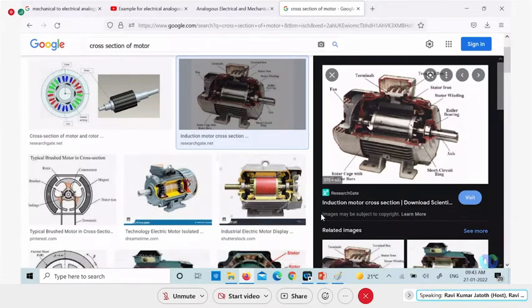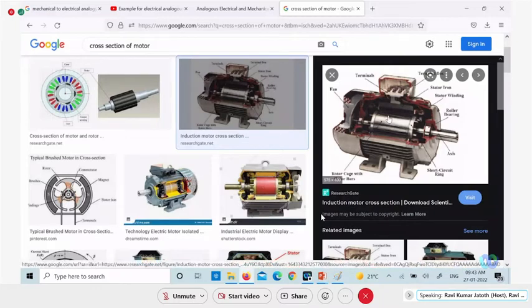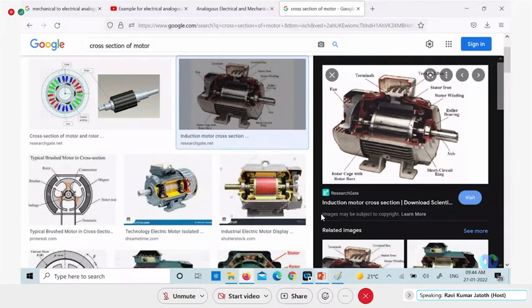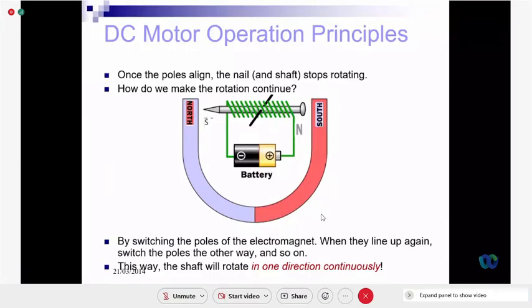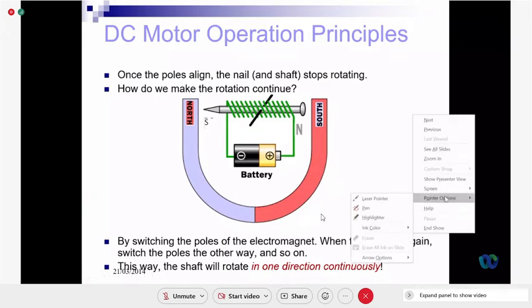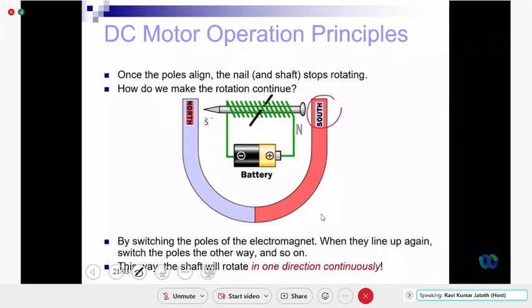So here, this is the rotor, and this is the stator winding. This stator can be formed by using a magnet, or it can also be an electromagnet. So this is equivalent of the stator, and this is the rotor which is moving.